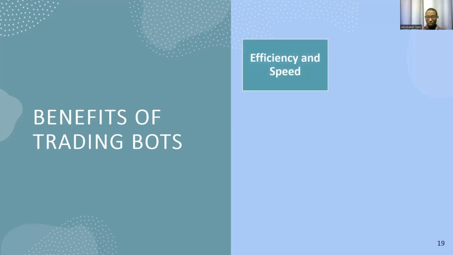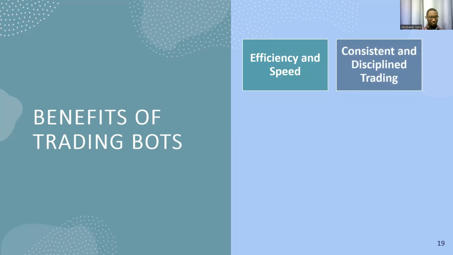Okay. So some of the benefits of trading using these bots or algorithmic approach is the speed and efficiency they bring to the table. You can't beat a computer when it comes to speed. Computers are faster. And of course in terms of efficiency as well. Consistency and discipline.